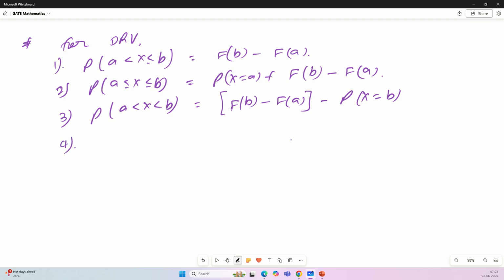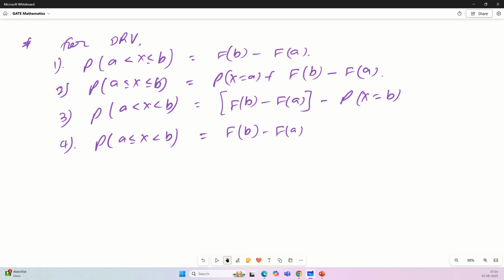Next, last one will be what? Probability of a less than or equal to x and less than b. So it means what will happen? This will be the probability mass function at b minus the probability mass function at a.